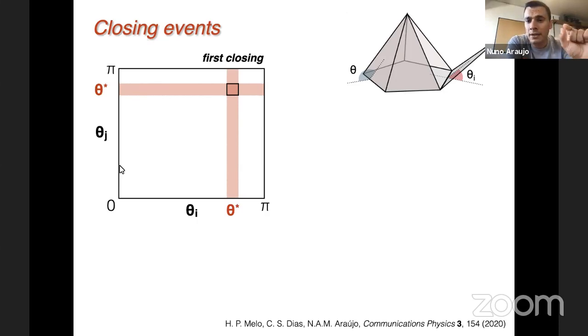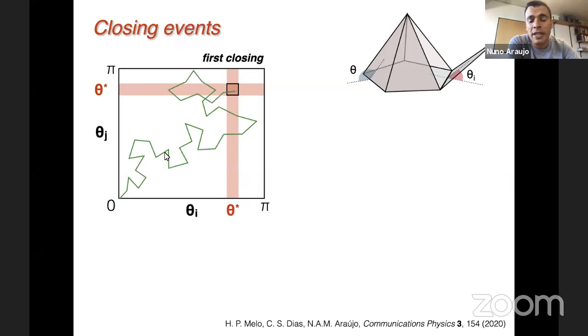And so if the two are independent, if now we plot as a function of time the position of a point where the first coordinate is the angle of one face and the second coordinate is the angle of the other face, what we will have is a random walk in 2D, because the two coordinates are independent. And the fact that the two meet at a specific angle is a first passage process in time that corresponds to the time it takes for these two random walks to meet in this specific region of the configuration space.